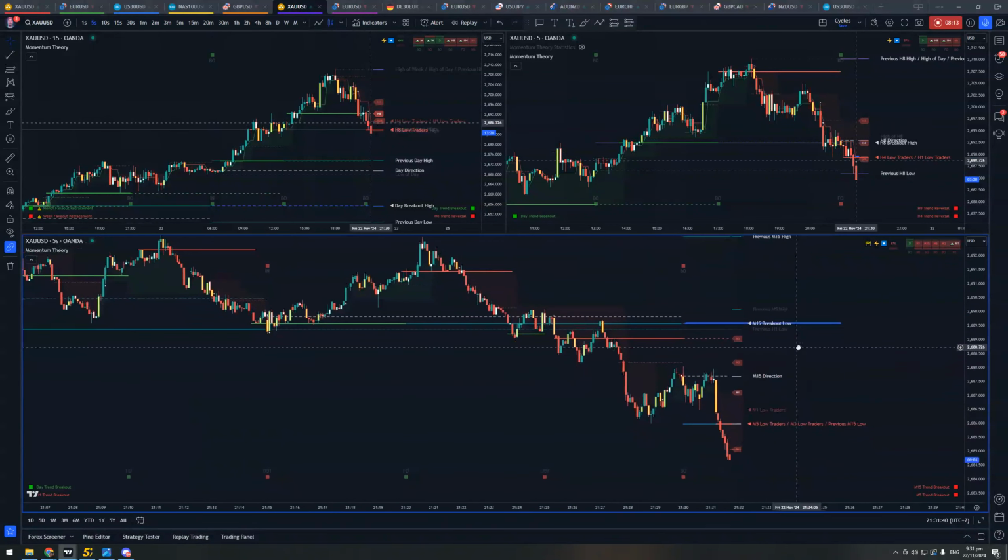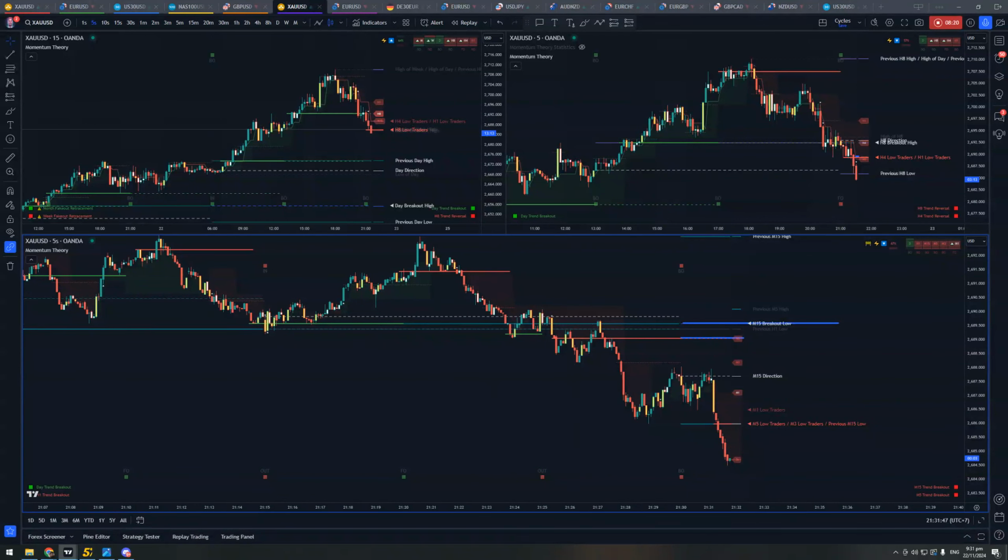Last M5 closed as breakout as well. So looking for a pullback.